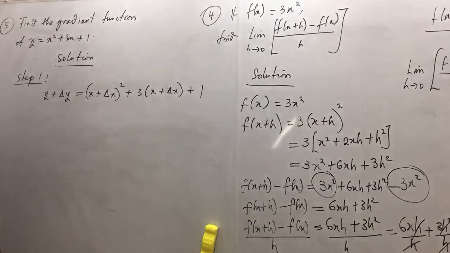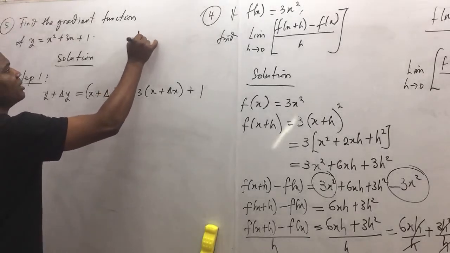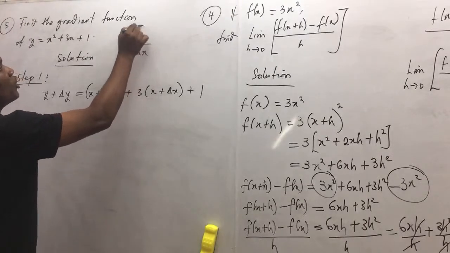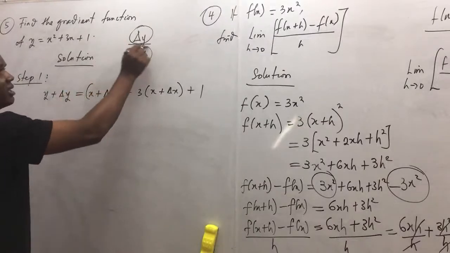So, what are we trying to do, guys? We are trying to find the gradient function. Now, please, before you get confused, what we want to obtain is what the gradient function is. The gradient function is a ratio of a change in the dependent variable to a change in the independent variable.